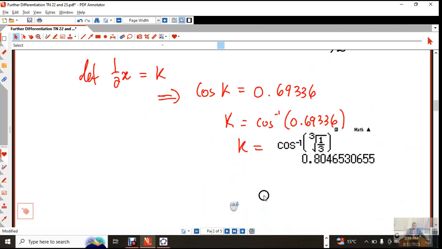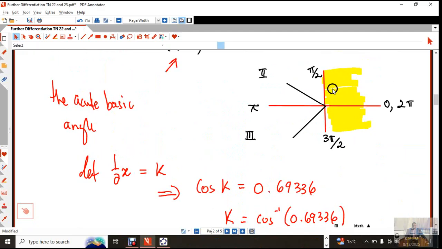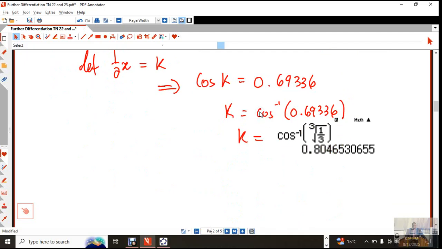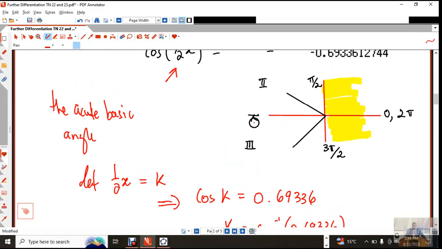This is the angle. But we are now saying our solution is in the second quadrant. So when we come to the second quadrant, let's take back our half of x. What's happening in the second quadrant? If you go all the way from here to there, to find this angle here, it's like saying pi minus that angle there.